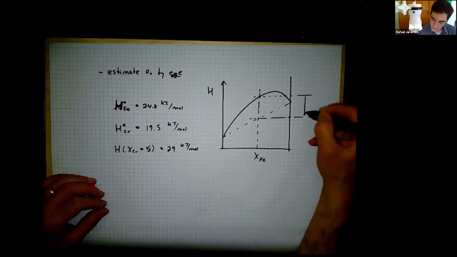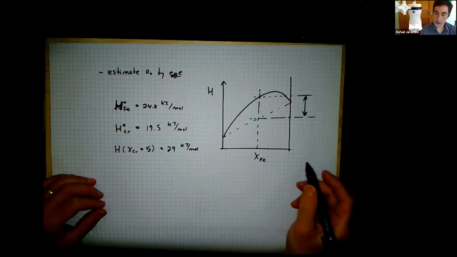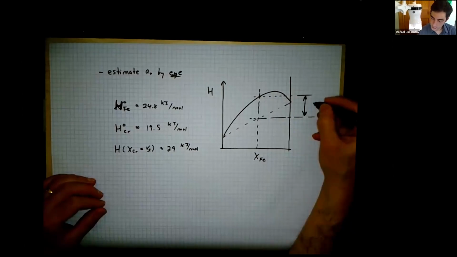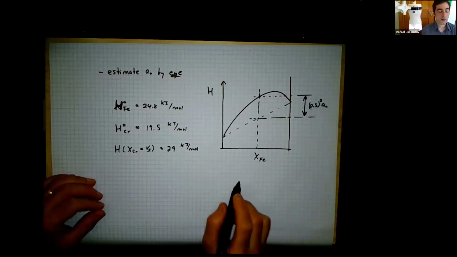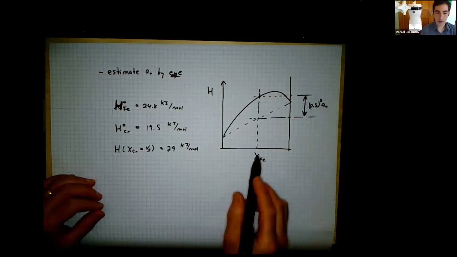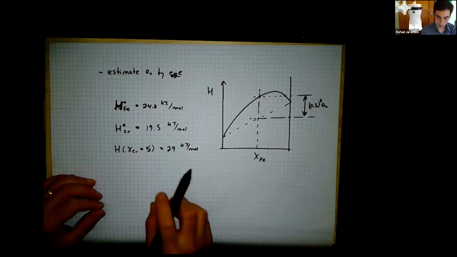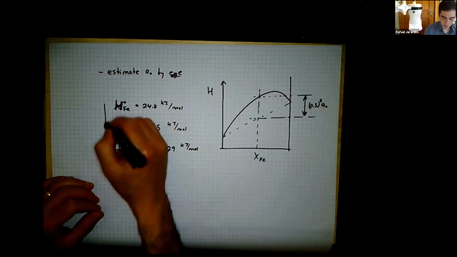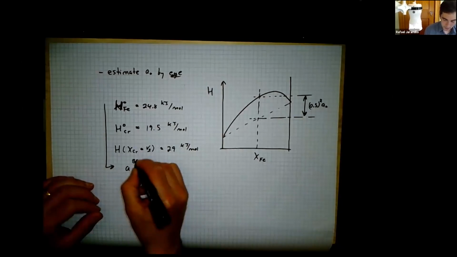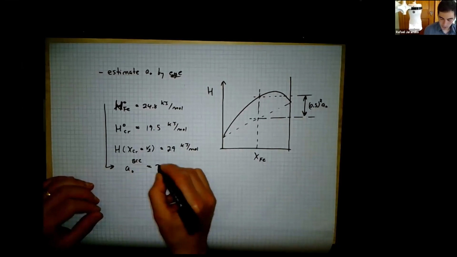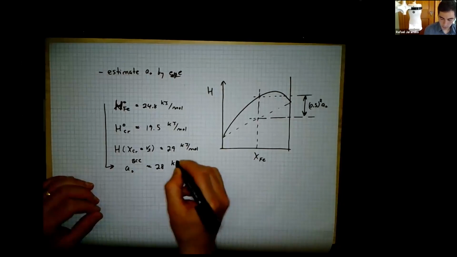And I can see just geometrically that this height here is 0.5 squared times A naught, because it's simply x1, x2, A naught, where x1 and x2 are both 0.5. So I can just read right off the plot that A naught for the BCC phase is about 28 kilojoules per mole.